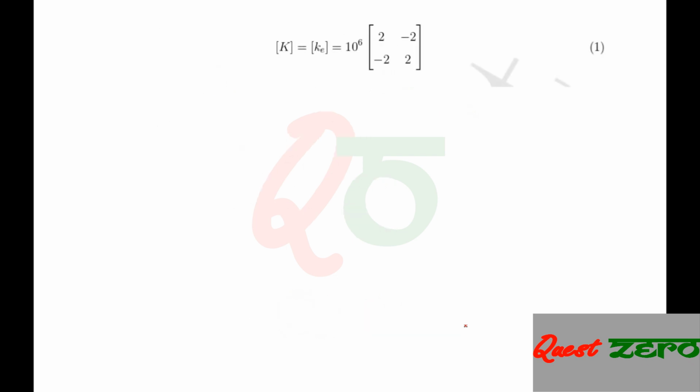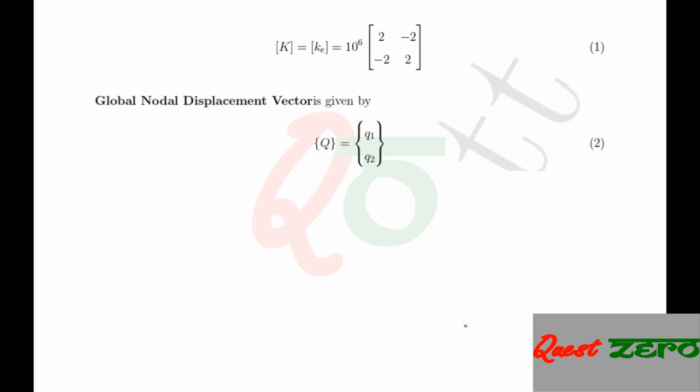Now the global stiffness matrix, as I told you, since it is only one element, will be equal to the element stiffness matrix itself. So it will be equal to 10 to the power of 6 times [2 -2; -2 2]. Now the global nodal displacement vector is given by Q, since there are only two nodes for the one element formulated: Q1 is the displacement at node 1 and Q2 is the displacement at node 2.